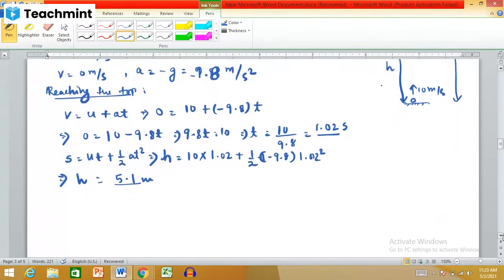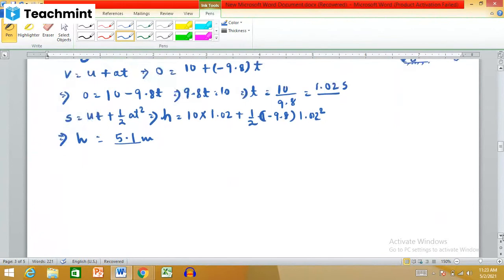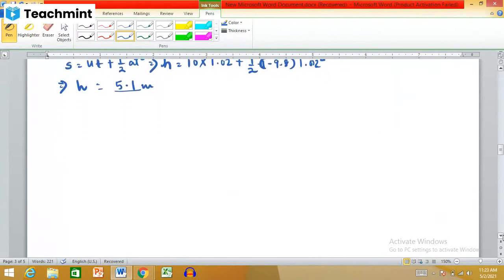Once it reaches the top, the condition will be a bit different. So I'm drawing another figure. It will start descending. That means at 5.1 meter, the condition is that at that point of time we take the initial velocity as 0, and the final velocity is the velocity before reaching the ground.